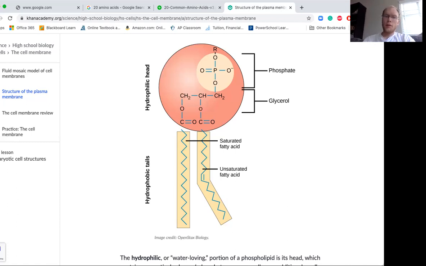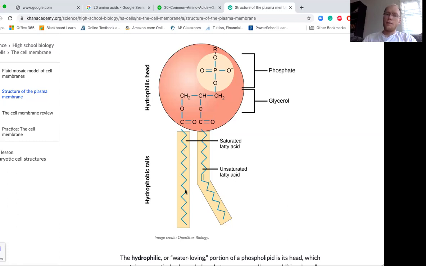A couple other important things: sometimes you have double bonds in the lipid part of the phospholipid bilayer. Anytime you have a double bond, that makes it unsaturated, and that's going to create a bend. And sometimes that has very important structural parts in lipids.